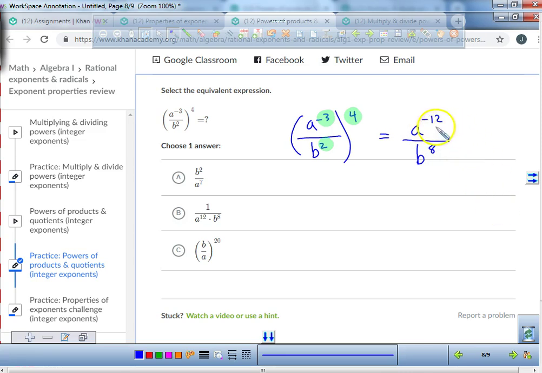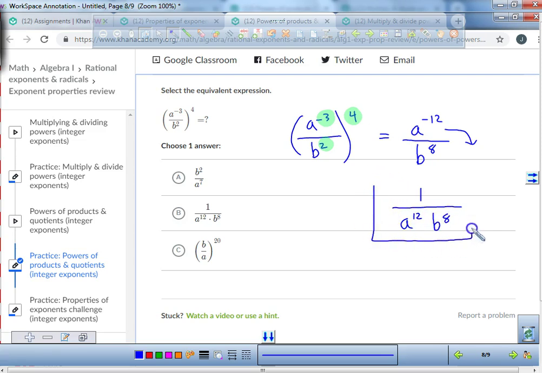Now, I need you to understand, if I have a negative exponent and I want to make it positive, I can move it down. If I move this down, now in the numerator, I have a 1. I have a to the power of 12 in the denominator and b to the 8.